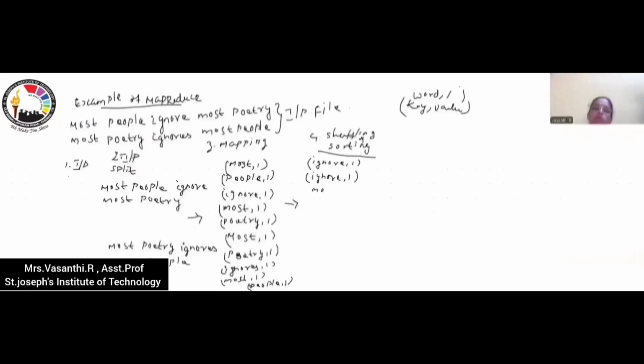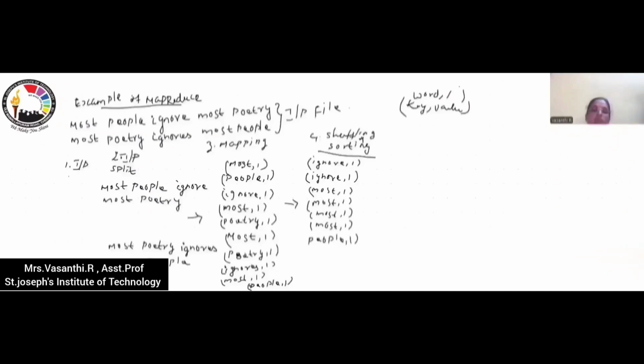Most, comma, 1. How many times does the word most occur? Here, 1, 2, 3 and 4. So four times we need to write the key value pair: most, comma, 1, most, comma, 1, most, comma, 1, and most, comma, 1. The next word is people, comma, 1.